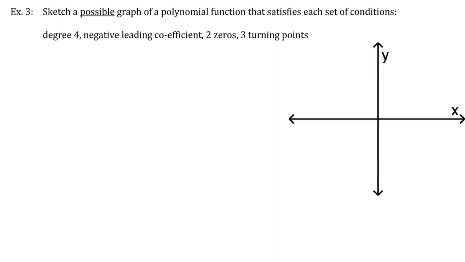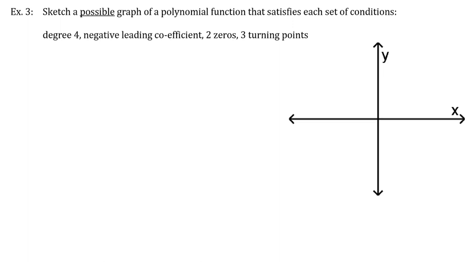That's just a fact, and if you don't know that yet, that's okay. Sometimes it takes some getting used to, but eventually you need to just know that any even degree polynomial function will have both ends pointing up or both ends pointing down.